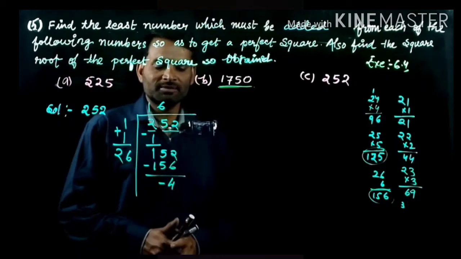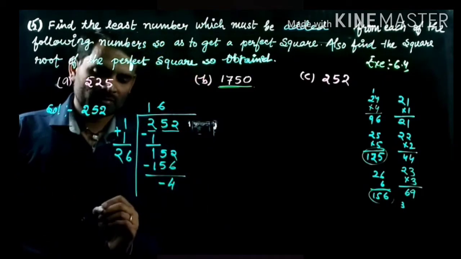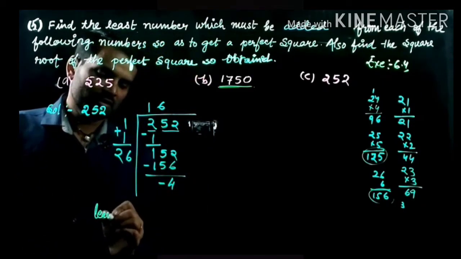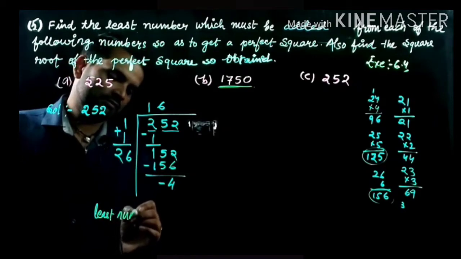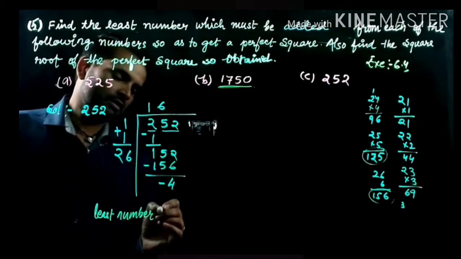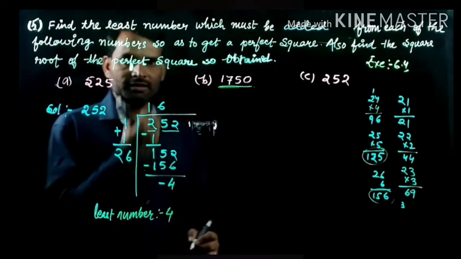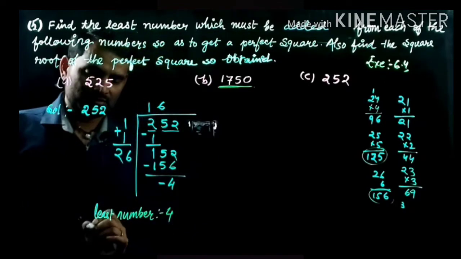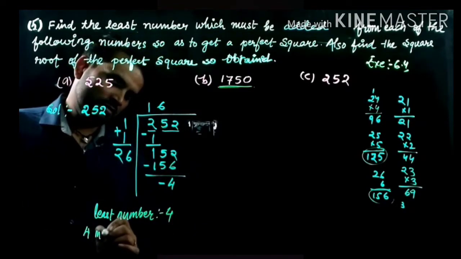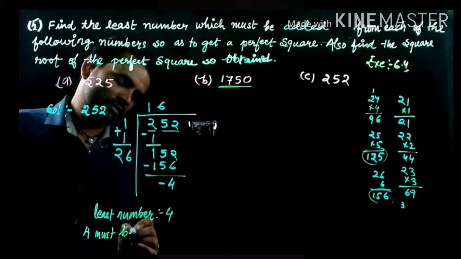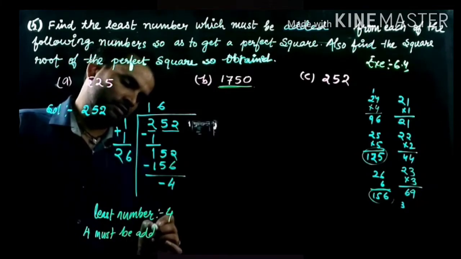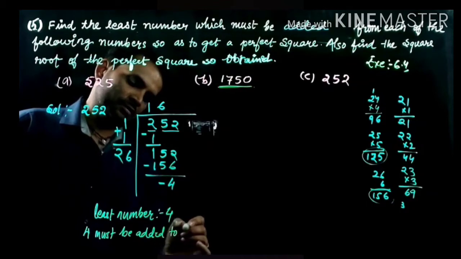It means the smallest number, the least number, is 4. Least number 4 means 4 must be added to which number?